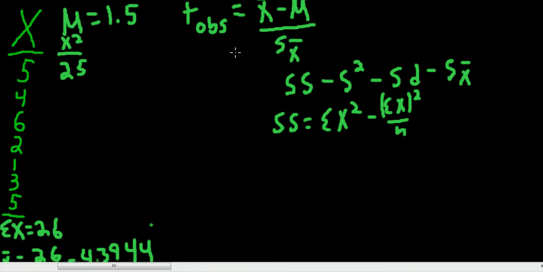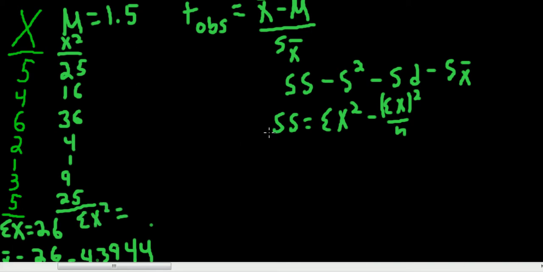Sum of the squared x's, we'll first need to square up all the scores. So 25, 16, 36, 4, and so on. So we square all of the scores, and we get sum of the squared x's, which here is 116.